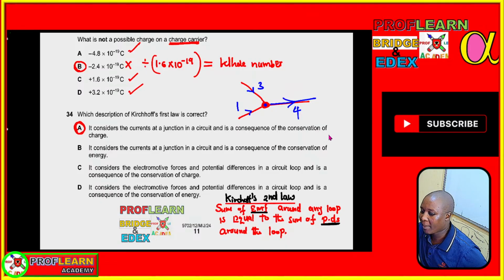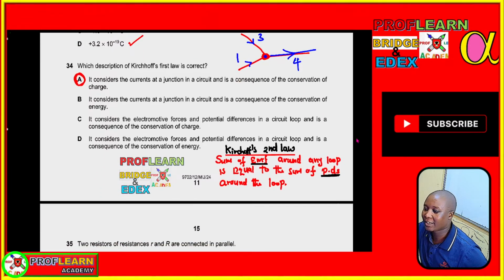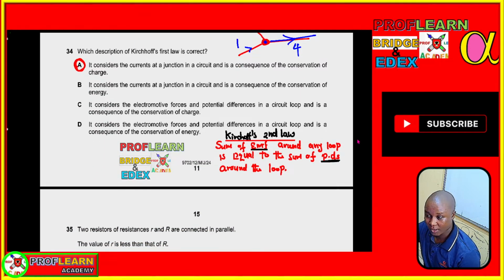But when we are talking about Kirchhoff's second law, that is the law of conservation of energy. The sum of EMF around any loop is equal to the sum of PDs around that loop.